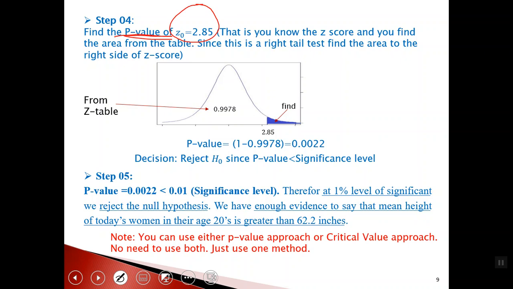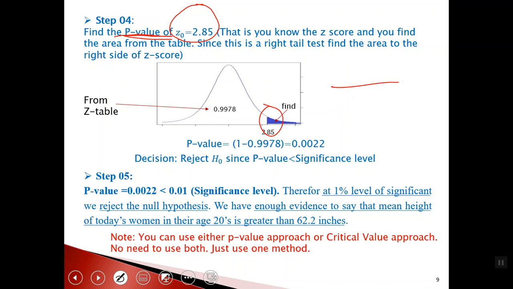You know how to do this because you learned it in chapter 9.3, how to use the p-value. So calculate the p-value based on Z naught equal to 2.85. That value is somewhere here.